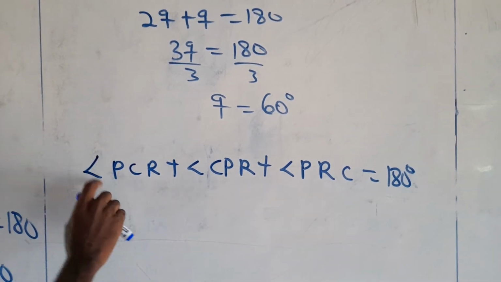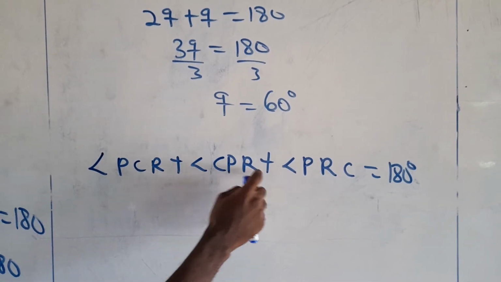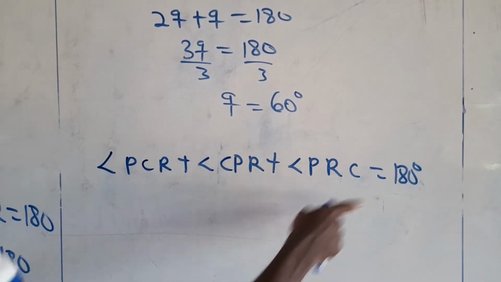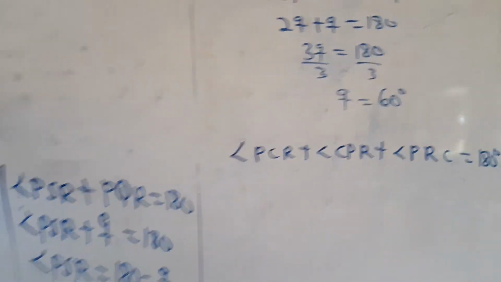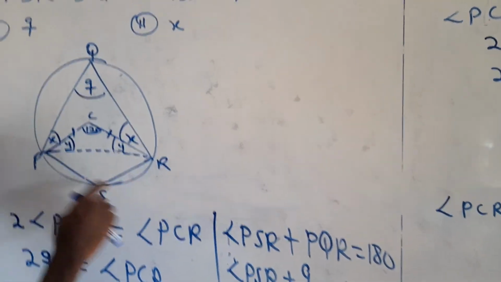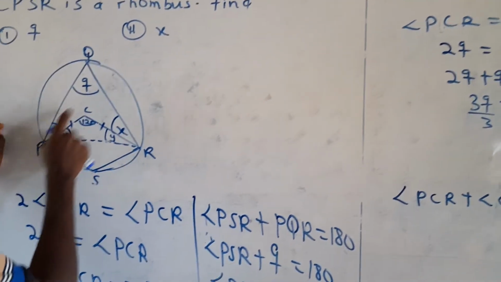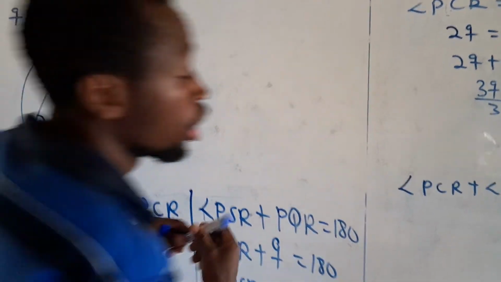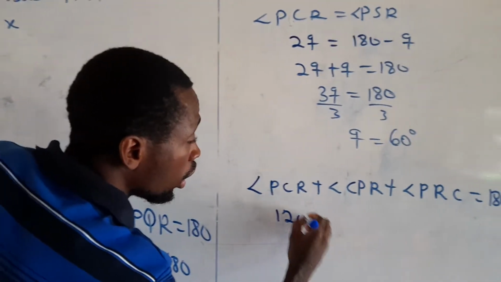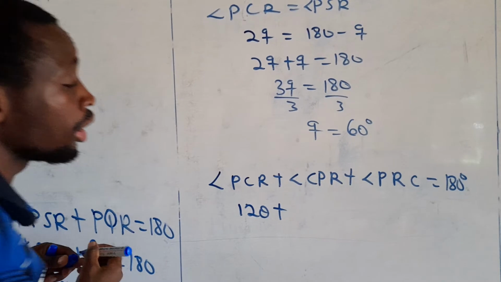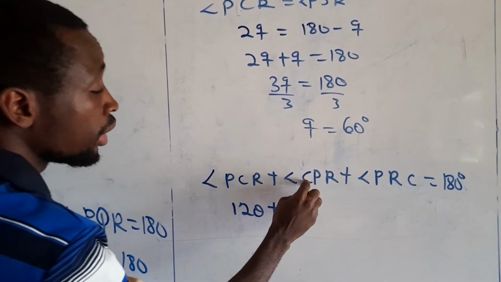So we say angle PCR plus angle CPR plus angle PRS is equal to 180. That's the angles in a triangle. So what's our angle PCR? PCR is 120. So you can say 120 plus angle CPR.